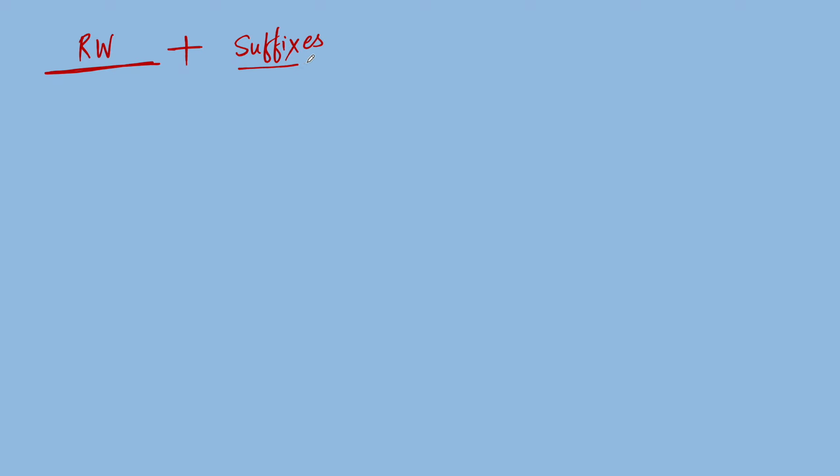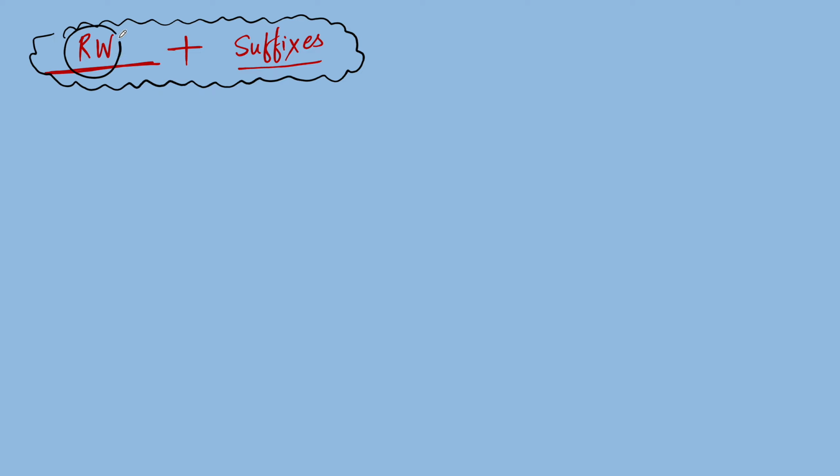Then the whole word will be an abstract noun. Suppose you have a root word, which is a basic word, and you add suffixes, then the whole word will be an abstract noun. Is it clear or not?